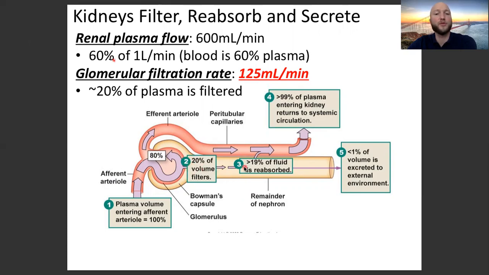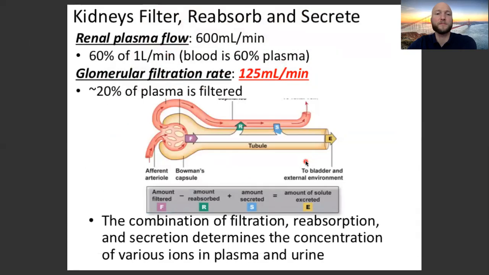Now remember, a majority of that gets reabsorbed back into our bloodstream, and less than 1% will be excreted. The combination of filtration, reabsorption, and secretion determines the concentration of various ions in plasma and urine.